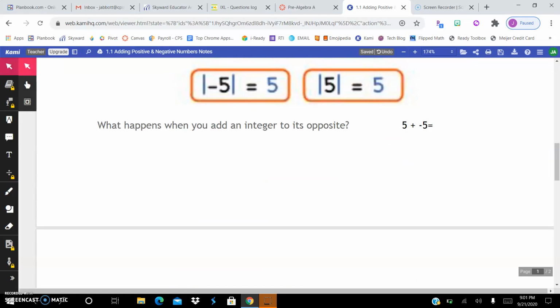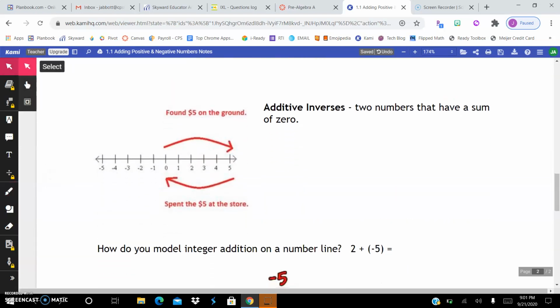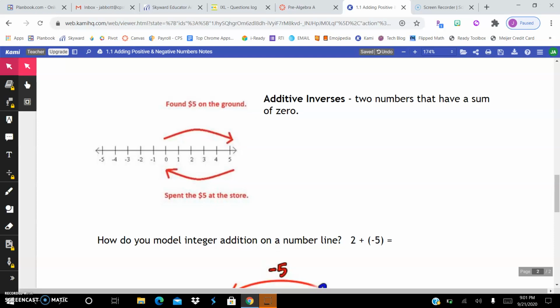What happens when you add an integer to its opposite? So think about 5 plus -5. Well, 5 is positive. So you have 5, and then that -5 means you're trying to spend that 5. So if you have 5 and you spend 5, you're going to be at 0. So additive inverses are two numbers that have a sum of 0.